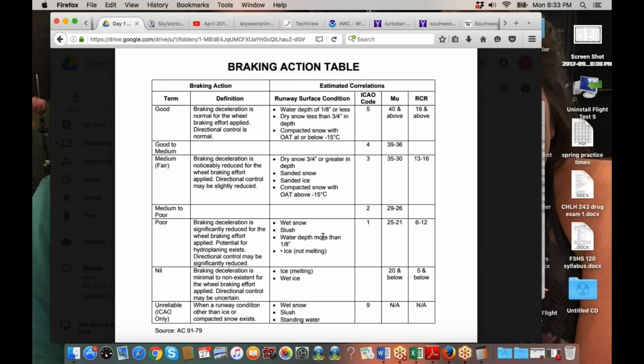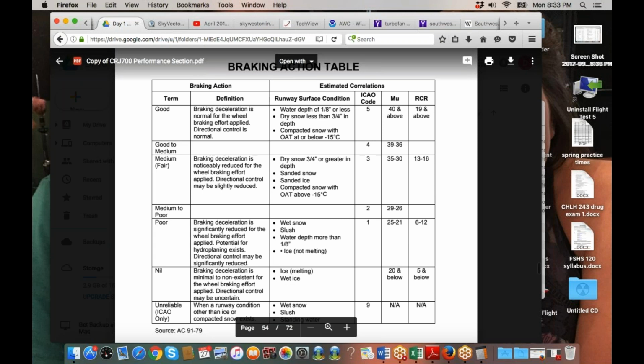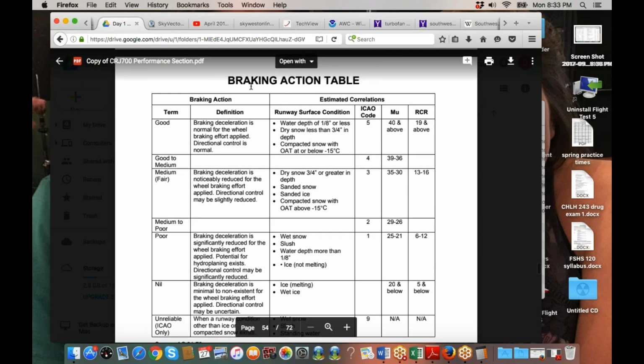So when we're landing and taking off, in an effort to standardize how everyone talks about landing being good, or bad, or poor, in terms of braking action here, clearly. Sorry, that's my bad. For a long time, we would just say braking action is good, medium, poor.